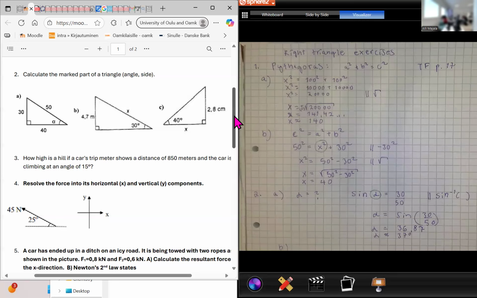Then if you have problems with your calculator as well, say if you get some weird numbers, this is what usually happens. People start getting weird numbers, and they don't know what they can do.